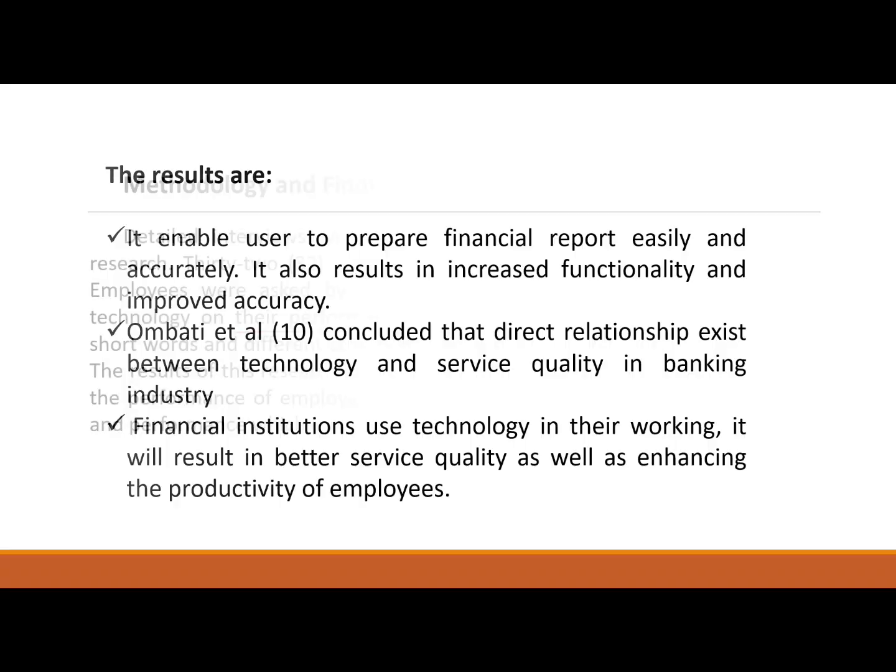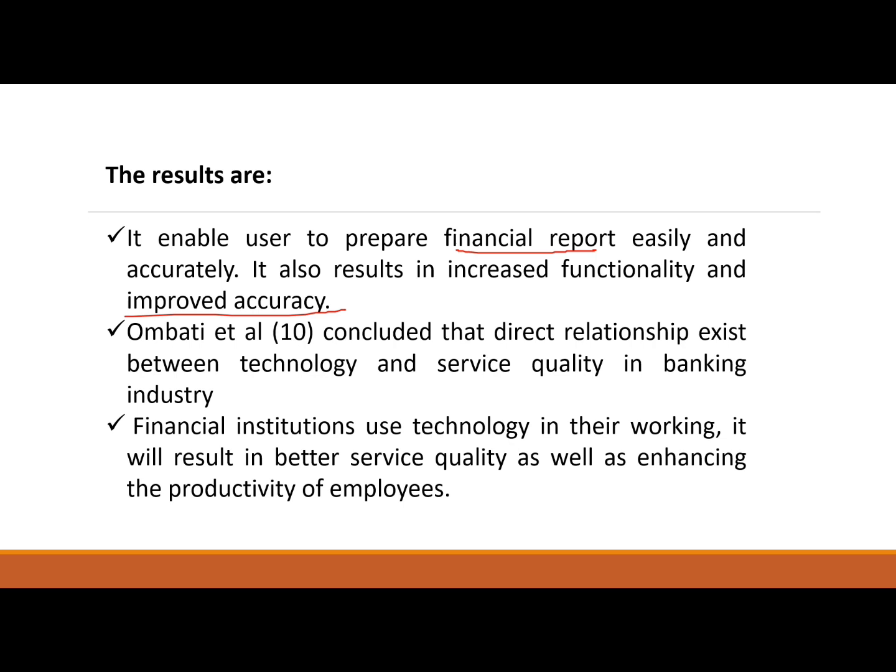Allied Bank. So the results are, so it enables users to prepare financial reports, which are usually gathered or reported every month, easily and accurately. So it also results in increased functionality and improved accuracy.